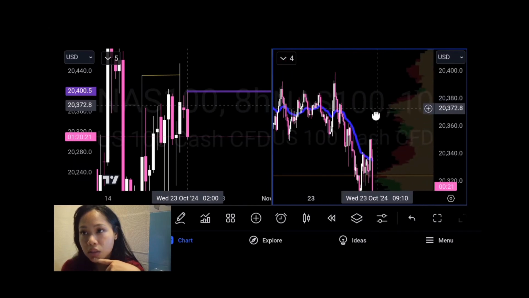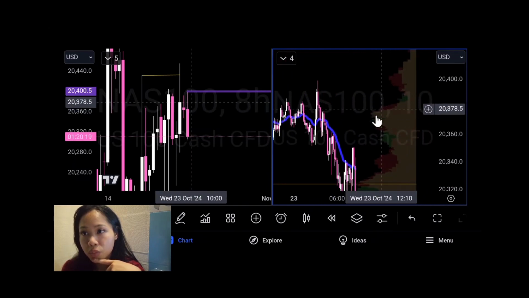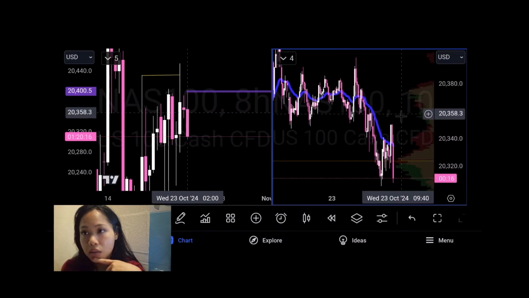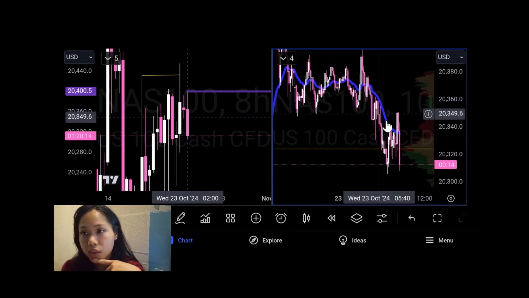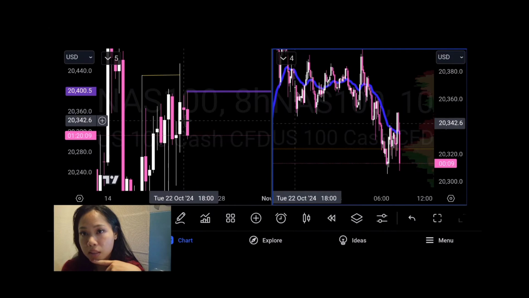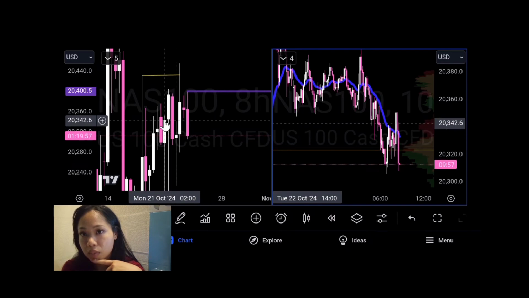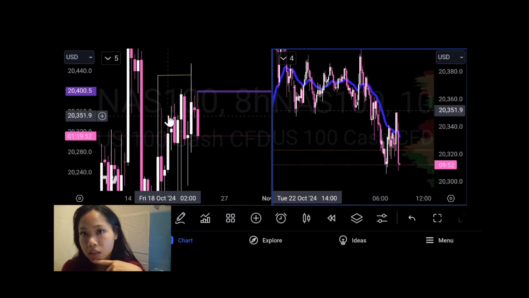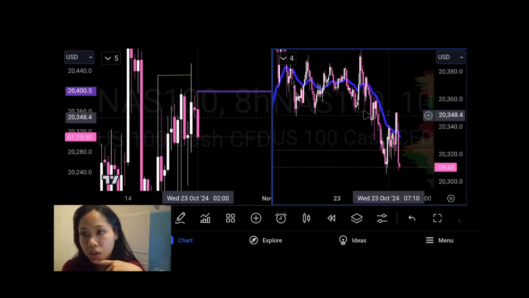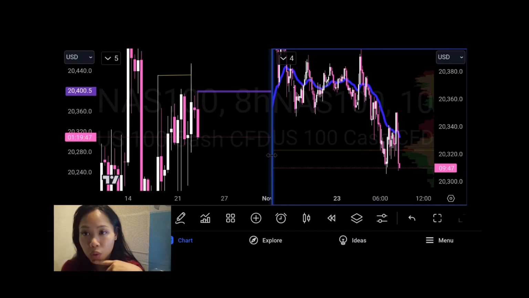As you can see also that there was a lot of volume here, and it sold into a psychological level, which was also an imbalance at the 8-hour chart, but it was a psychological level because this candle tested this level, this candle tested the same level, so all of these candles tested this specific level here as a psychological support level.